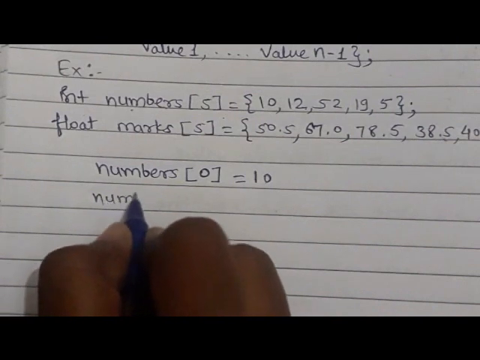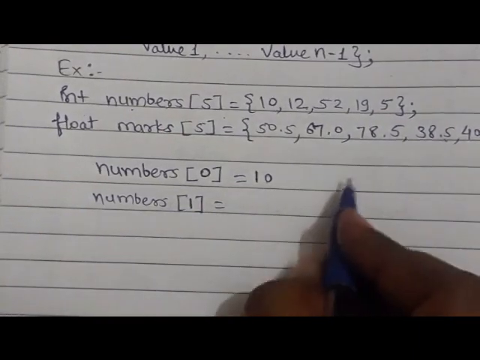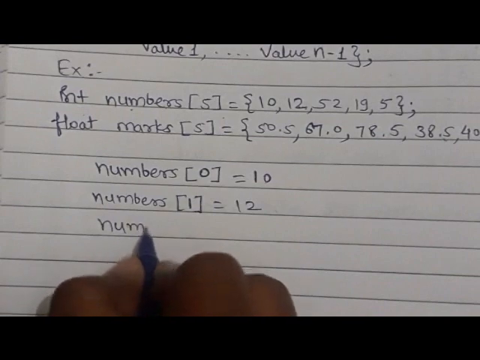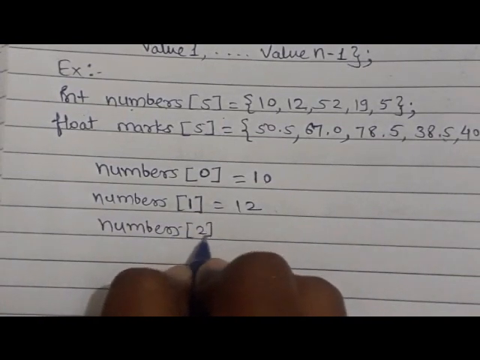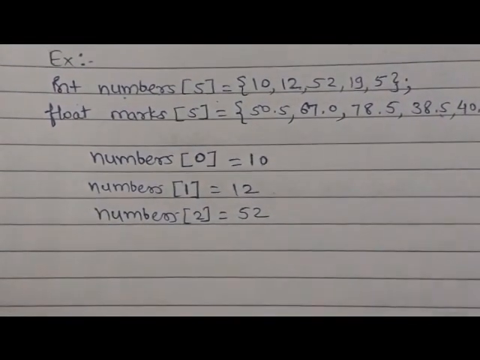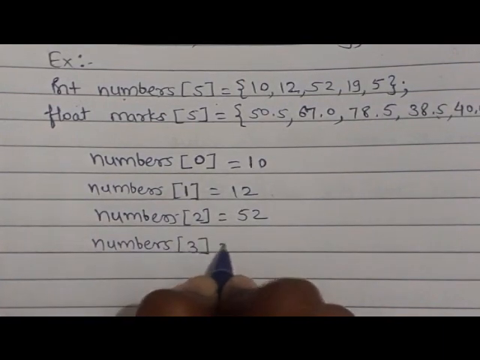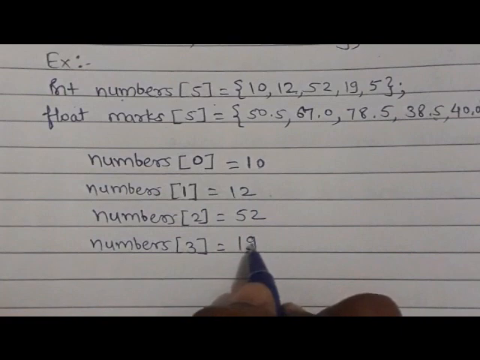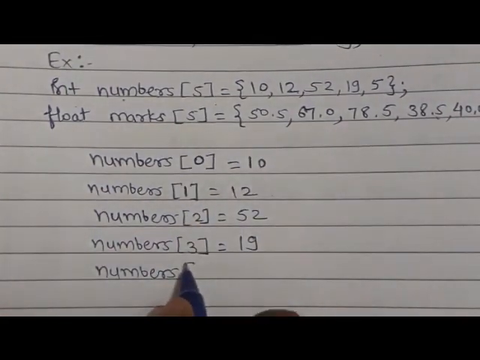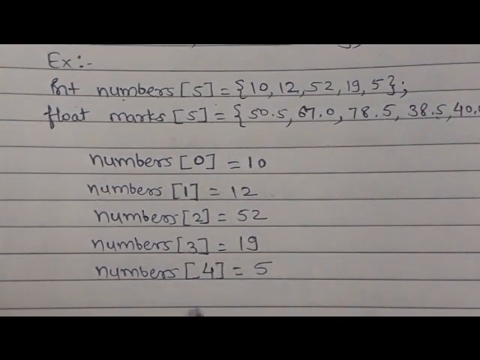Now at numbers of 1, the first position of the numbers array, we store the next value, that is 12. At numbers of 2, we write the next value, that is 52. Like this the next values are stored. At numbers of 3, the next value is 19, and the last value will be stored at the 4th index, and the value is 5.